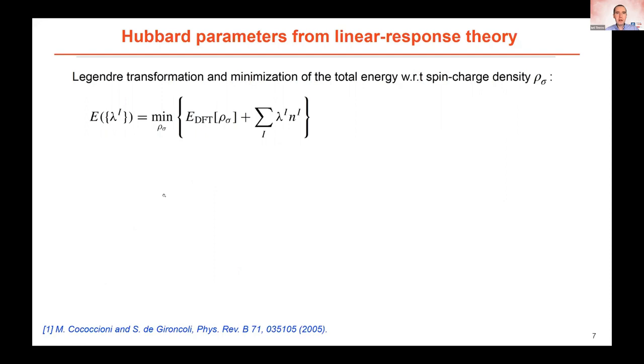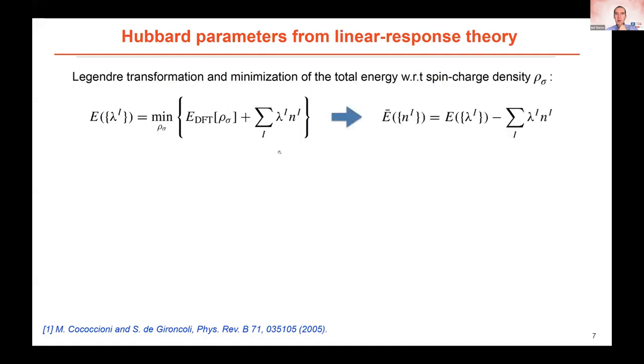So what we do, we construct a new object. Energy as a function of lambda parameters. And what we do here, we use the Legendre transformation, which is simply the sum of the DFT total energy plus this second term, where we have lambda_I. These are the coefficients, and N_I are the occupations. Then what we do, we minimize this expression with respect to the spin charge density.